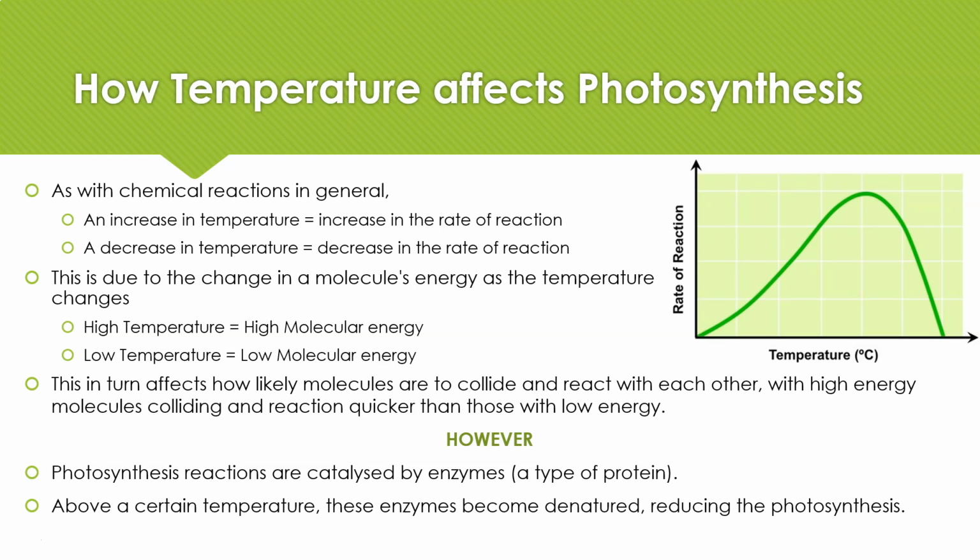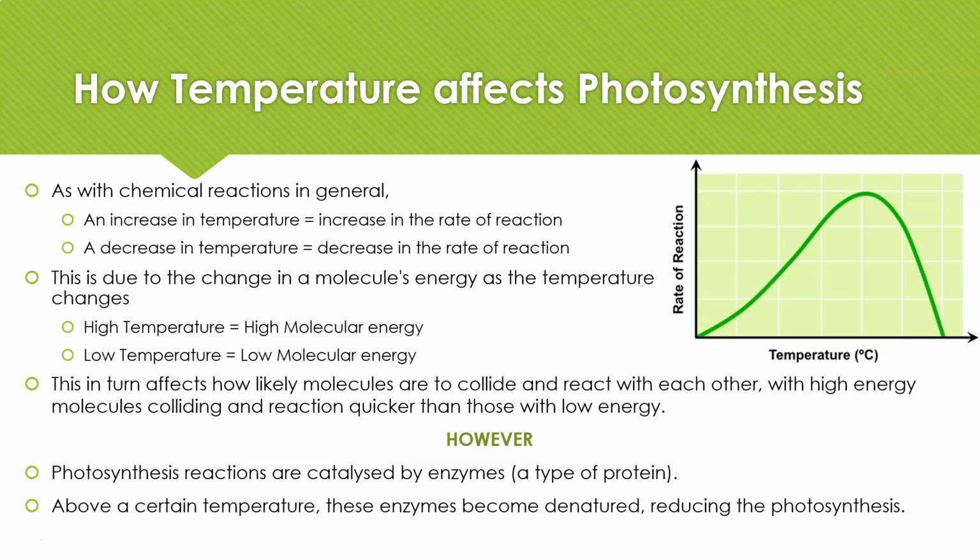So all that first part is true. Yes, as we increase temperature, molecular energy increases, things move around more, they're more likely to collide, and the rate of reaction increases to a point, because you've got proteins in the form of enzymes involved. And so there's going to be a temperature that once you pass it, the proteins that make up those enzymes are going to denature.